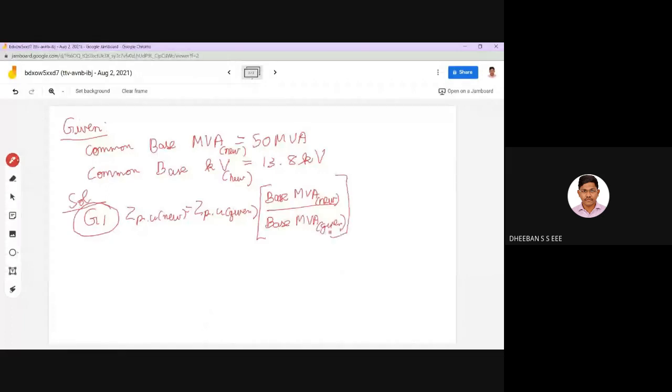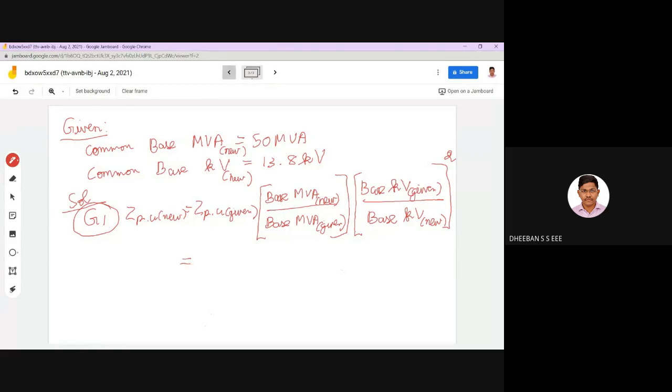This is with respect to the power component. Coming to the voltage component, it will be the reverse: first the base kV given divided by base kV new, followed by the square. It's a square.